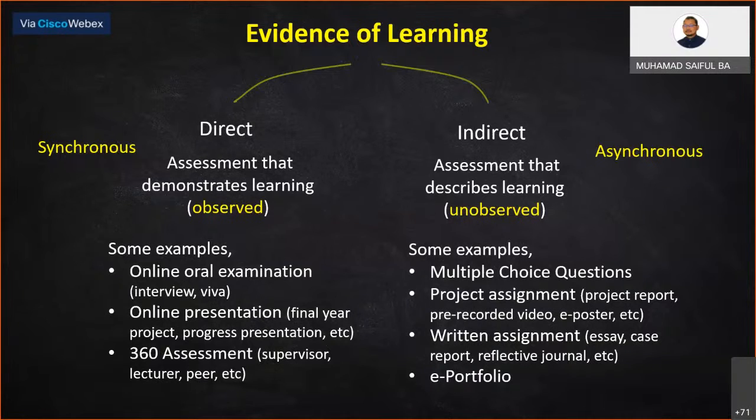These two things are what we usually use as evidence of learning, and we can always mix both to ensure we have enough evidence to certify that they have achieved the learning outcomes or the competency we expected them to achieve at the end of the learning. So these are the two main prongs.